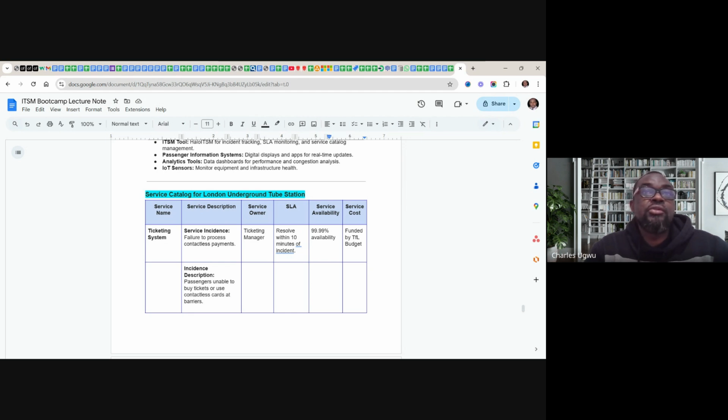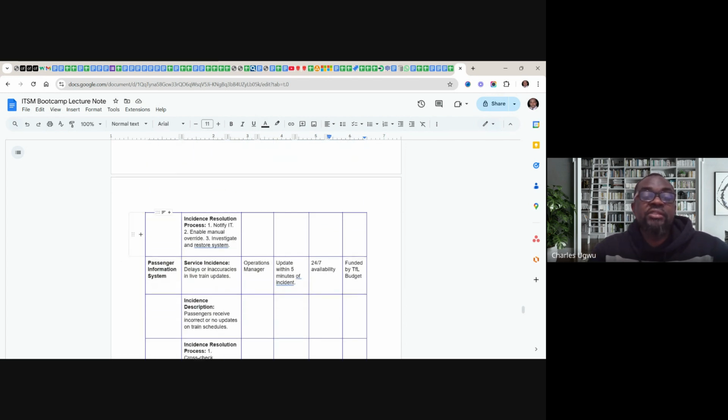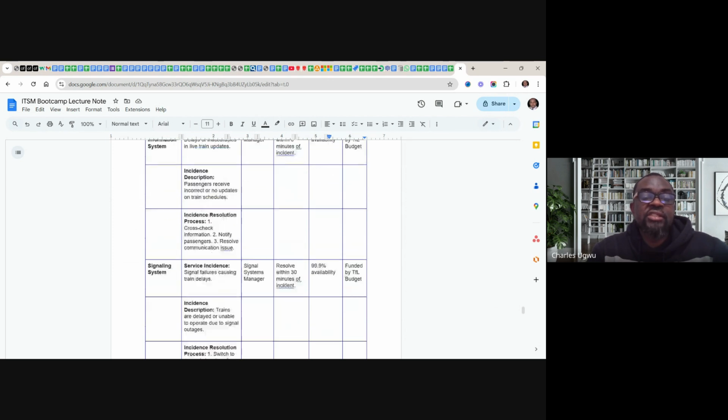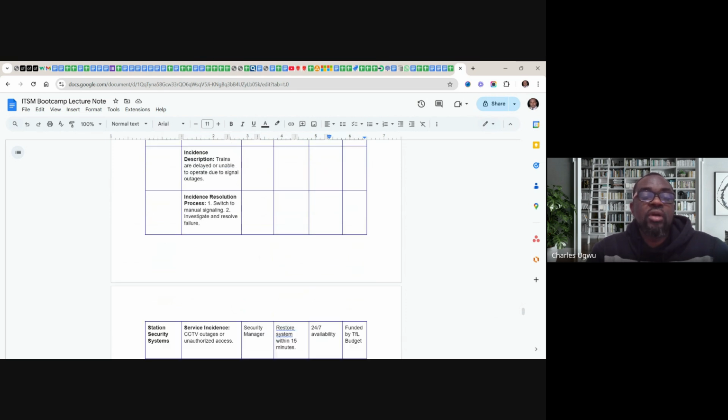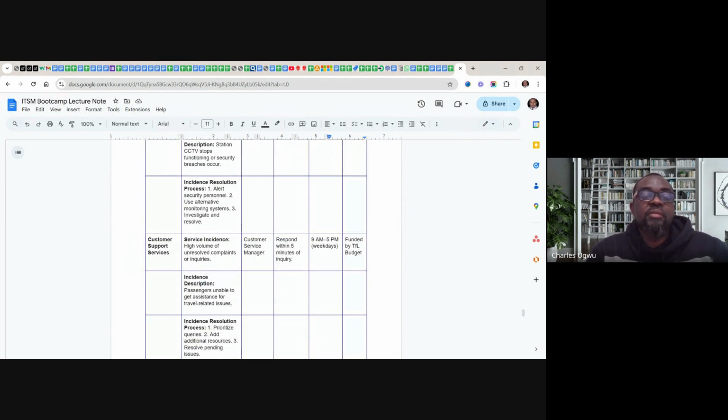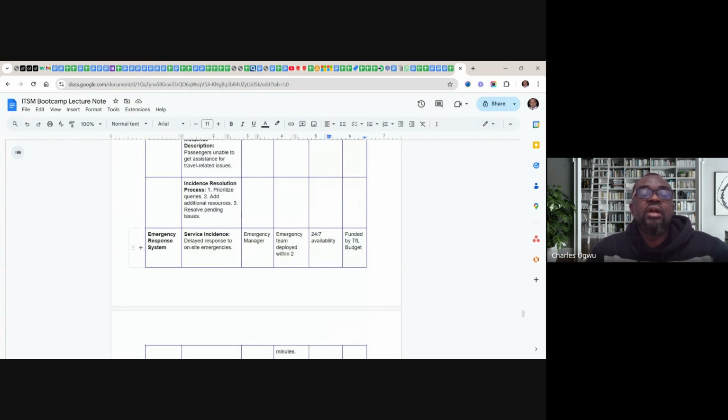If we are planning to create a service catalog for any of these industries or organizations, for London Underground Tube Station we have ticketing service, passenger information service, signaling system service, station security service, customer support service, and emergency response service.